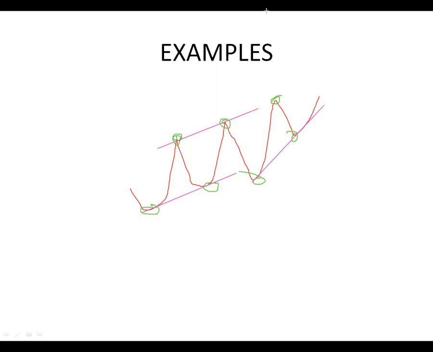And we can choose to connect another two tops, maybe this and this. So this is also a trend line. So once you can connect two tops or two bottoms as a result of what the chart looks like, then it means you have drawn a trend line.